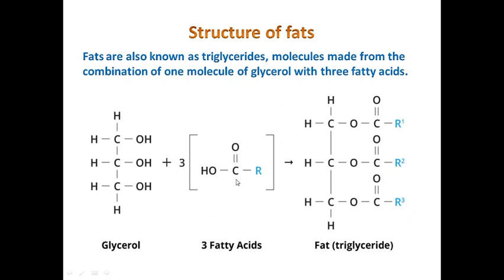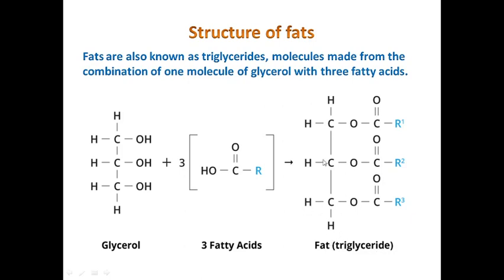Fine. So this is a fatty acid here. It has a COOH group here, and this R designates the aliphatic hydrocarbon chain of the fatty acid. So when one molecule of glycerol is esterified with three fatty acid molecules, we get a fat which is a triglyceride.